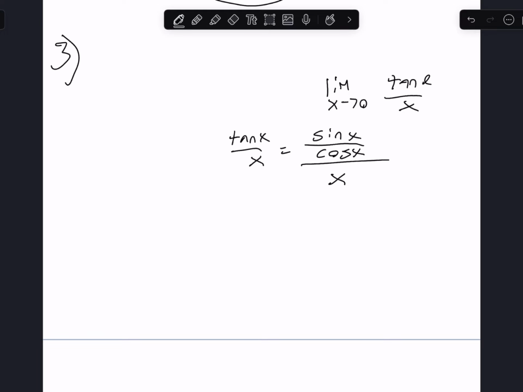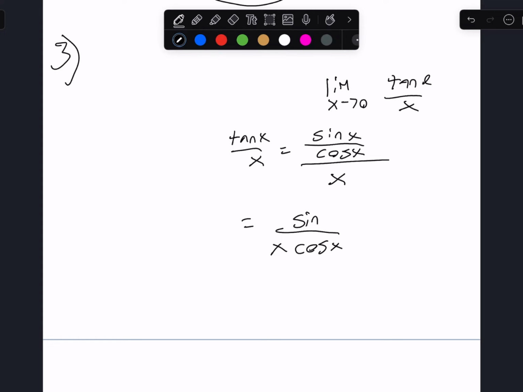Now that we have this function, we simply see that it is sine of x getting divided by cosine of x and x. So we can rewrite this function into sine of x over x cosine of x. Now, we see this right here. Sine of x over x is equal to 1.